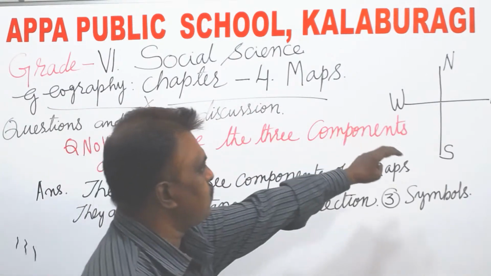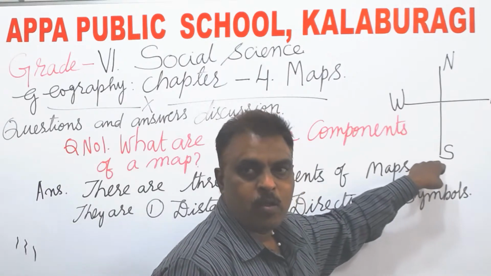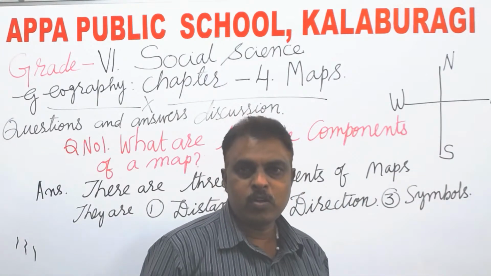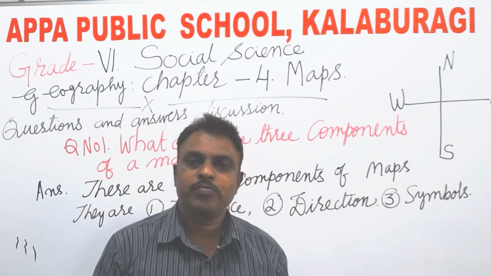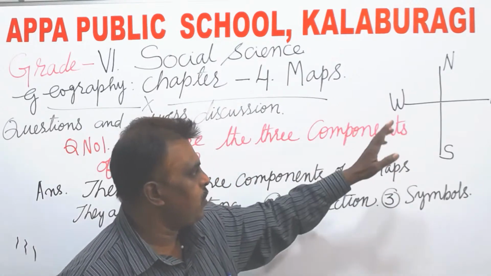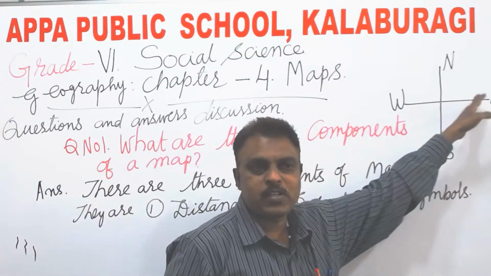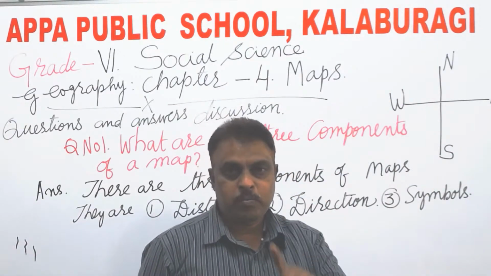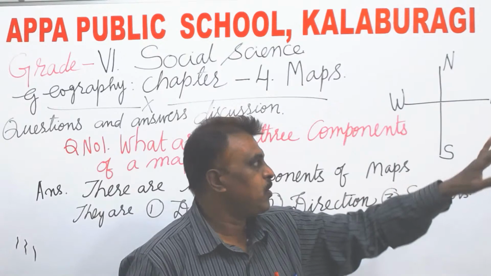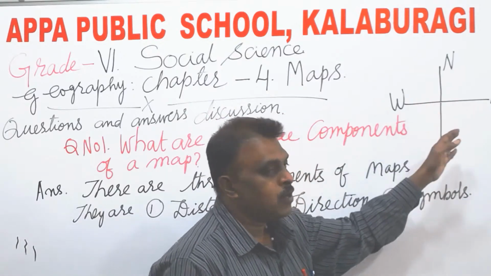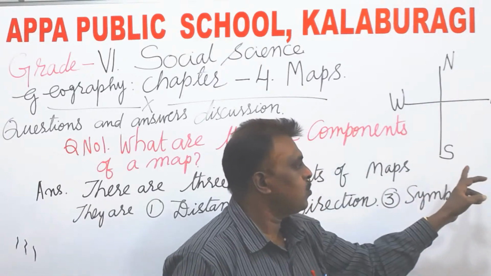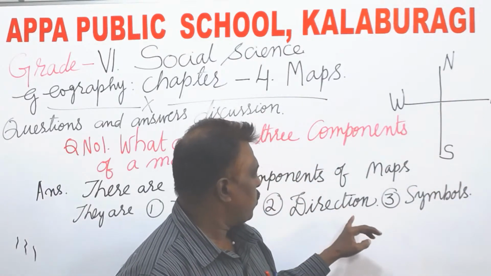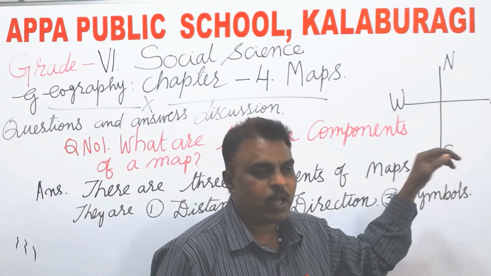These four directions are very important. The universal truth is that the sun always rises in the east and sets in the west. For remembering this, you can remember the sun like east and west, and for the map, north to south.